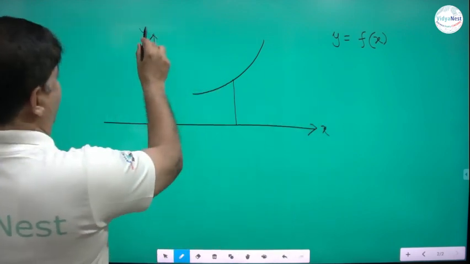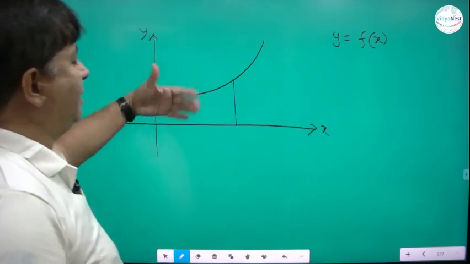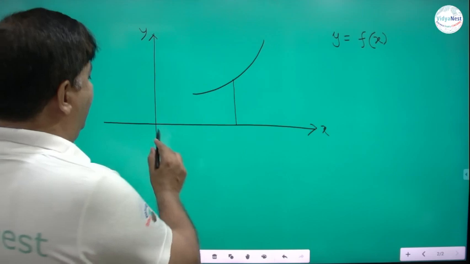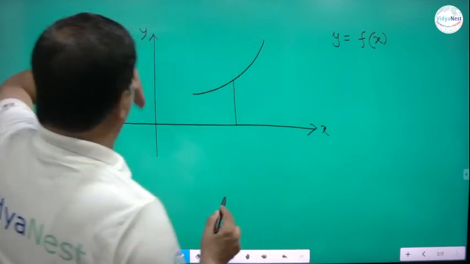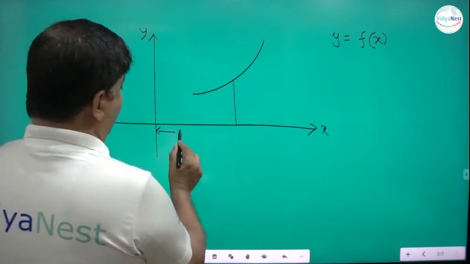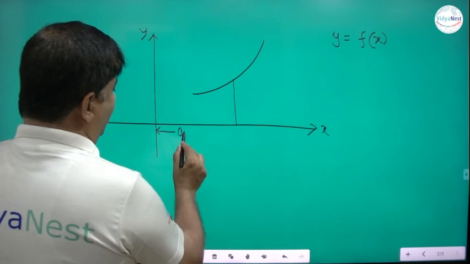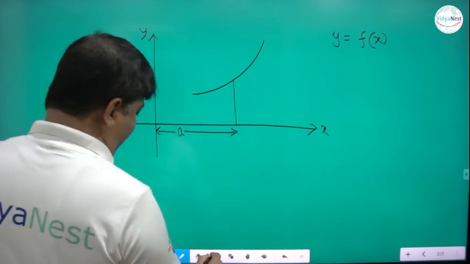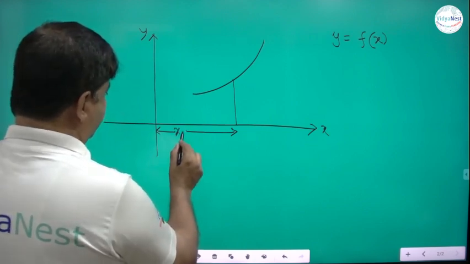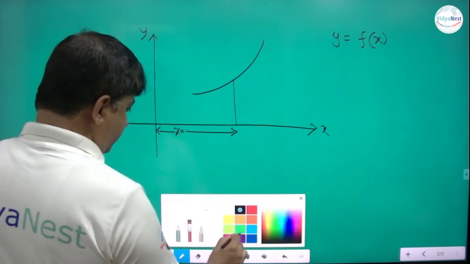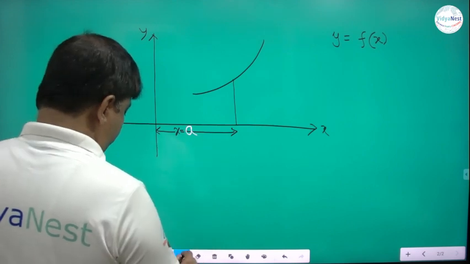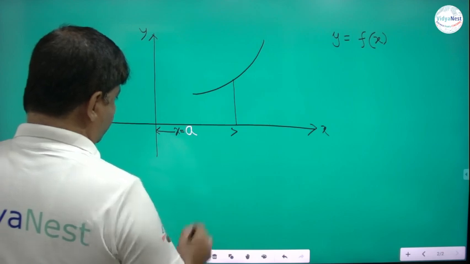see, this is x and y. I am referring by this curve the study time and result of a student. If x is the study time, y be its result. Suppose one student is spending a times, x is equal to a. Okay.